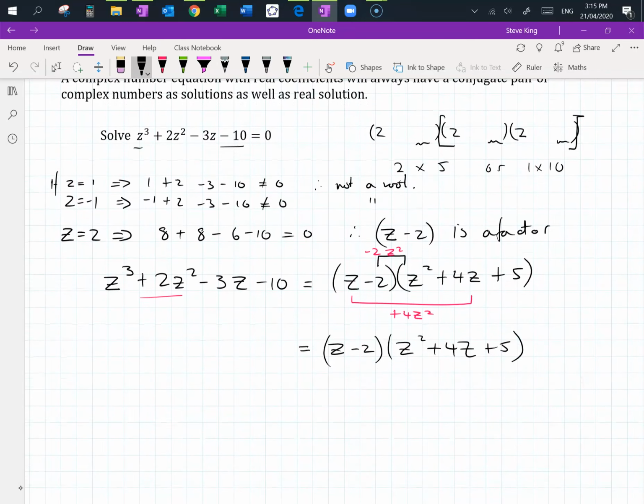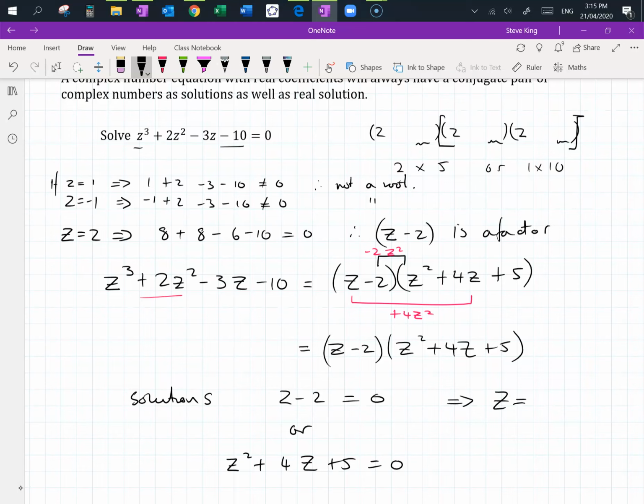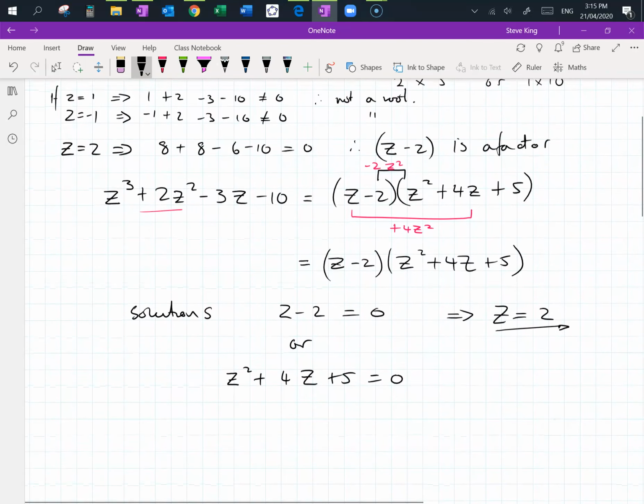So my solutions are that z minus 2 must equal 0, or that z squared plus 4z plus 5 must equal 0. This we know is that z can equal 2, and we've seen that already. We were expecting that.